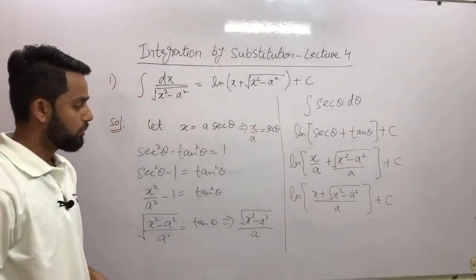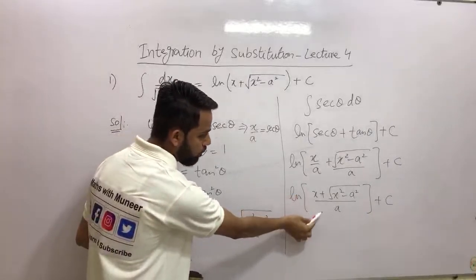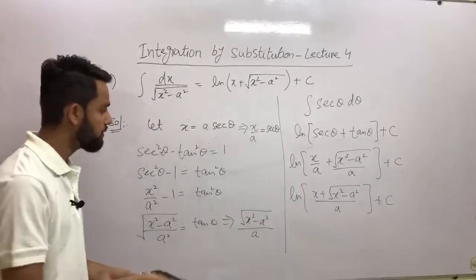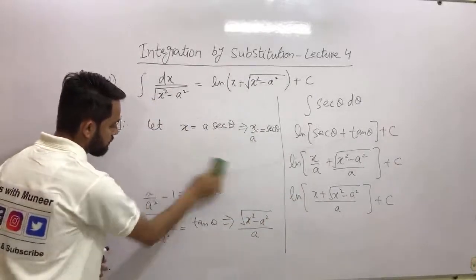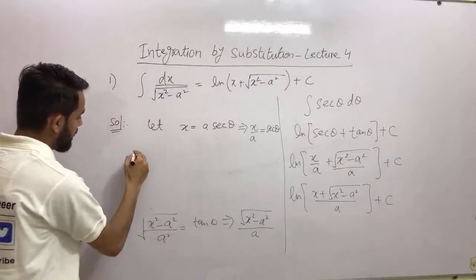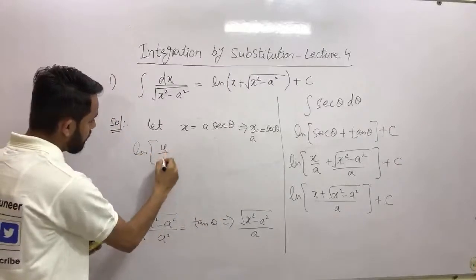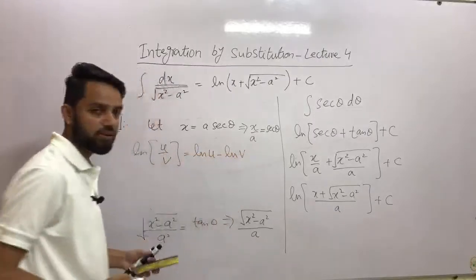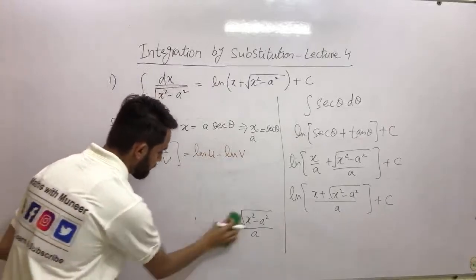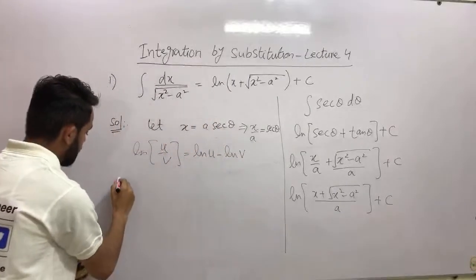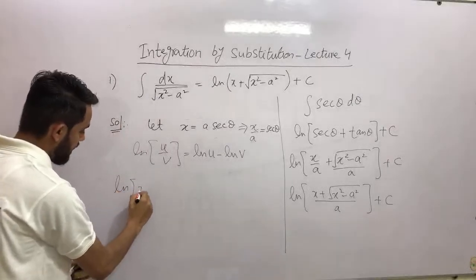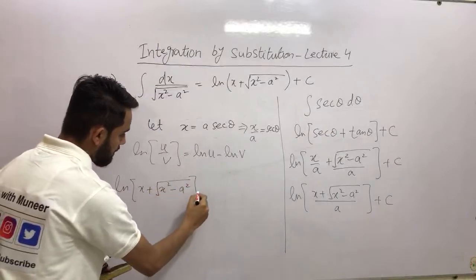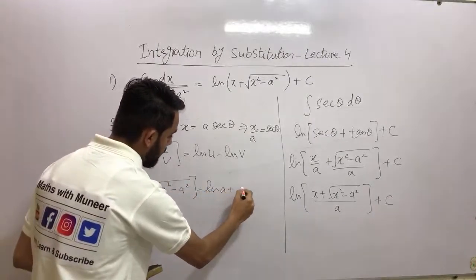Now we know that whenever we have ln of u over v, we can break it down. ln of u over v is equal to ln of u minus ln of v. So this would be equal to ln of x plus square root of x square minus a square, minus ln of a, plus c.